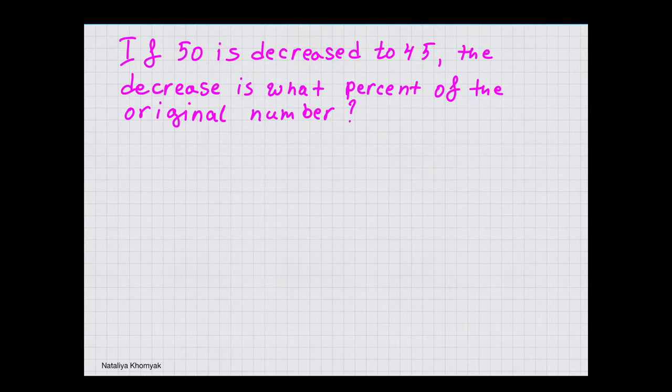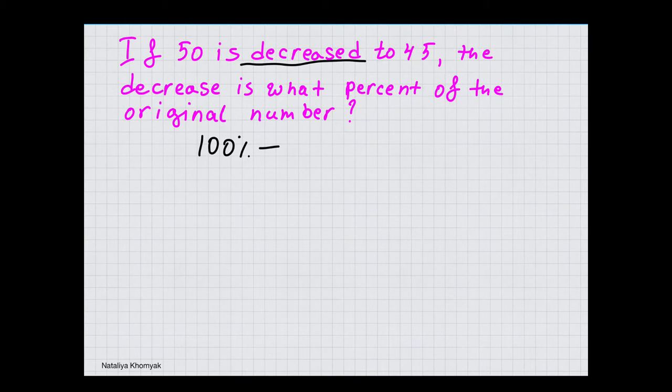If 50 is decreased to 45, the decrease is what percent of the original number? So just like before, we are not looking for parts of the number, we are just looking for percent increase or decrease. The original percentage is 100%, and the number is being decreased, so we minus.